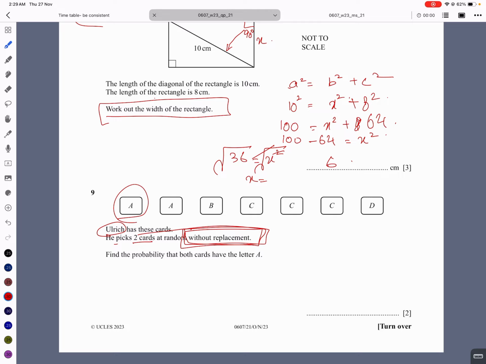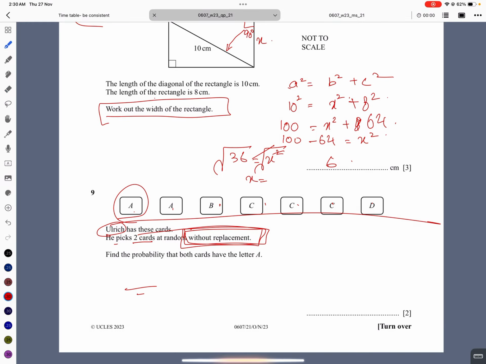So the first card is 2 over 1 2 3 4 5 6 7, total 7 cards, so I wrote 7 in the denominator.